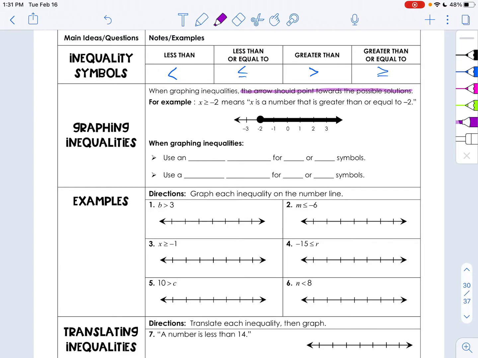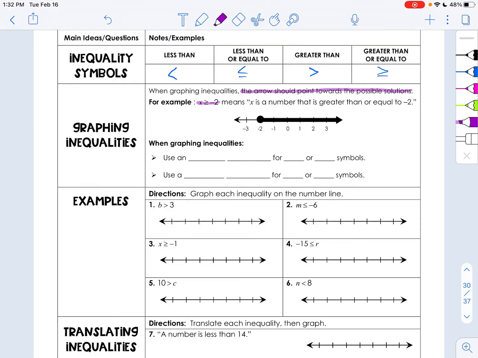For example, the inequality x is greater than or equal to -2 means that x can be any number that is greater than or equal to -2. So to graph this, we need a number line that includes -2 and its surrounding numbers. And then to model all the solutions, we use an arrow and a circle.